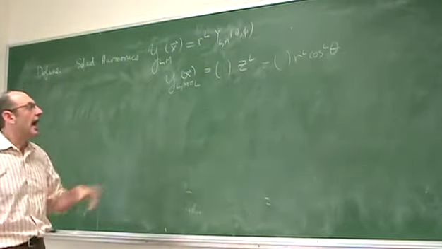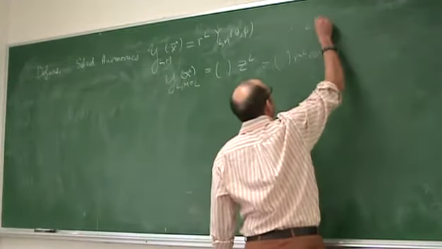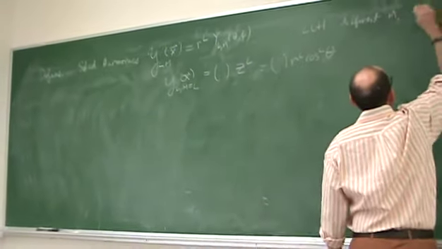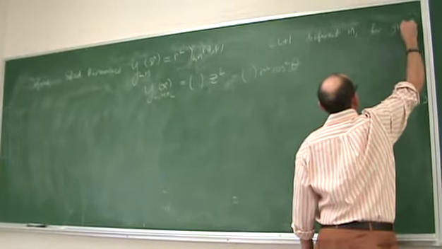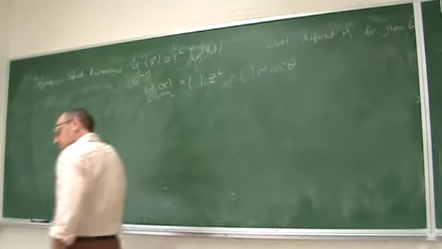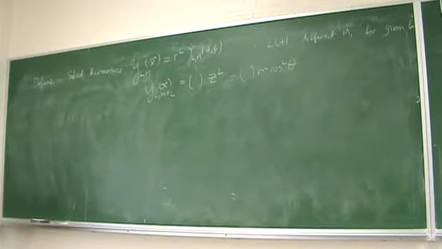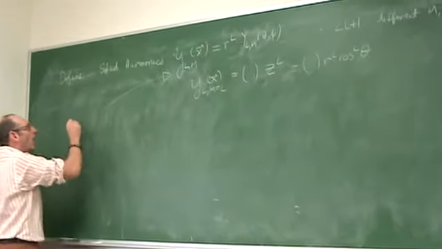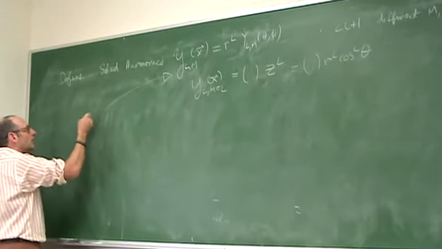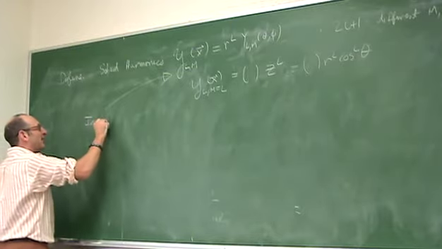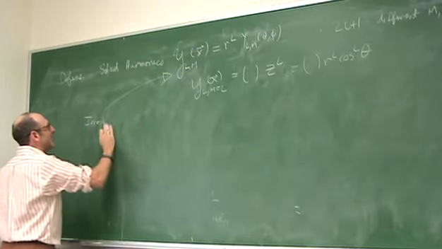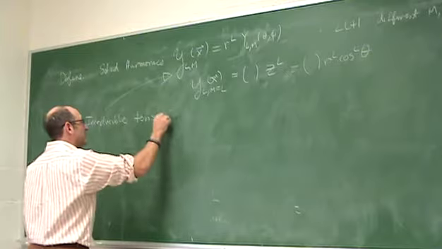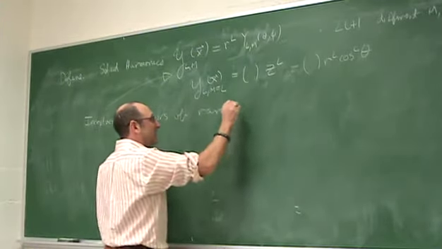But they're polynomials, and there are 2L plus 1 different m for a given L. Now these objects are also called irreducible tensors of rank L.